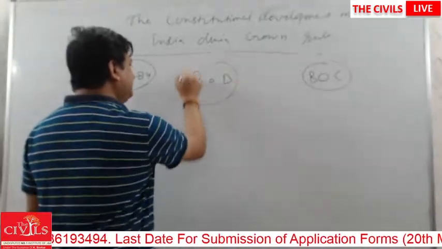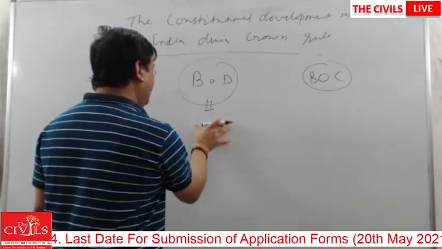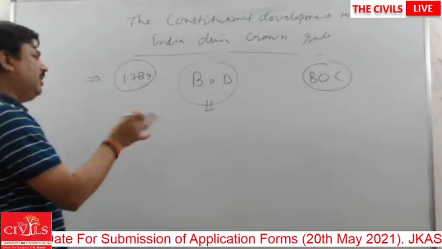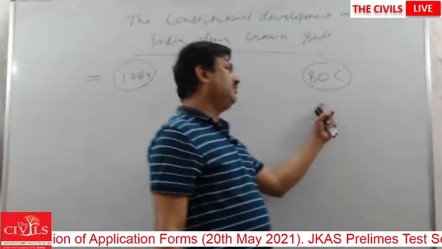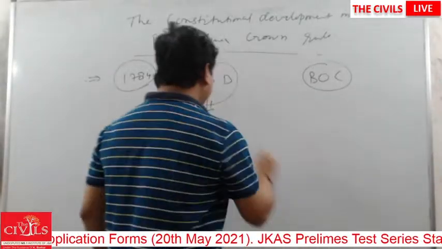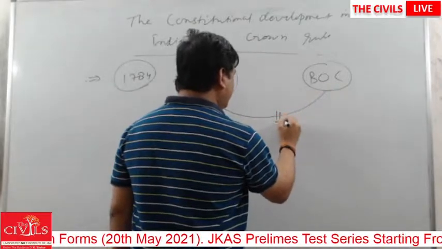The Board of Directors had all the commercial power, but administration was under the Board of Control. This system was known as the dual government system.